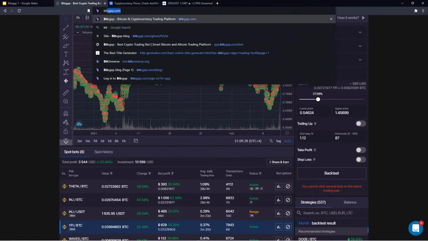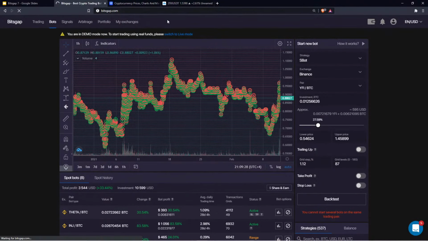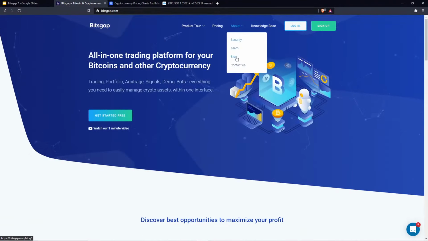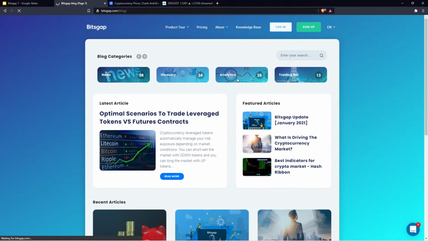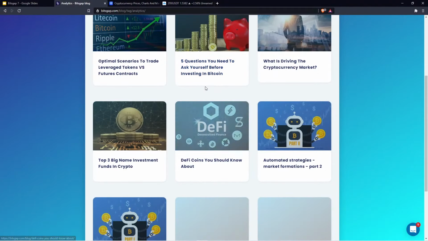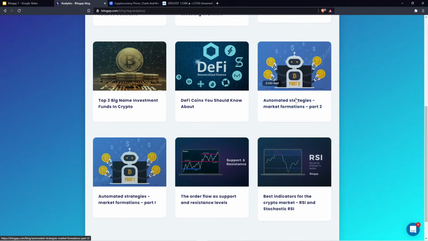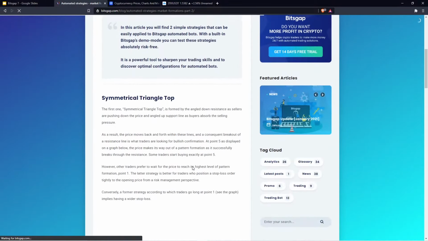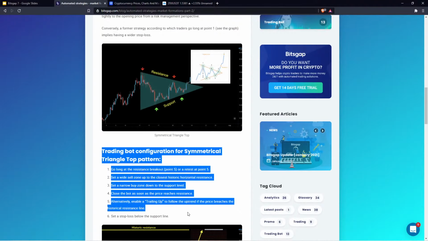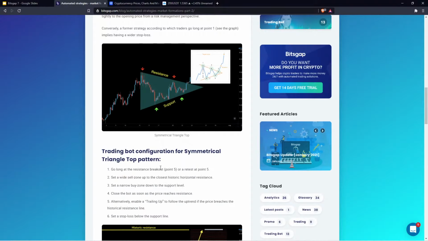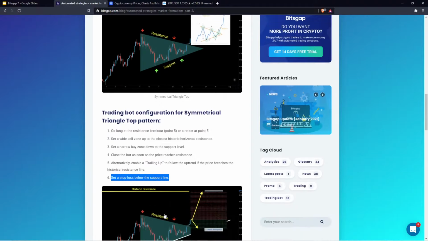So you go to Bitsgap, you open the about here, you go to blog, and you go to analytics, and here I have automated strategies. Yeah, this one, for example. So you will find the exact configurations to follow. For example, once you spot this pattern, here's the explanation how to trade it: best price to enter, the best price to exit, and where to set your stop loss.